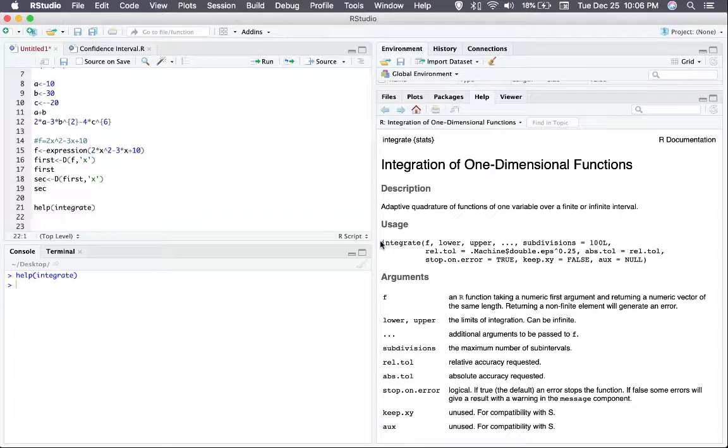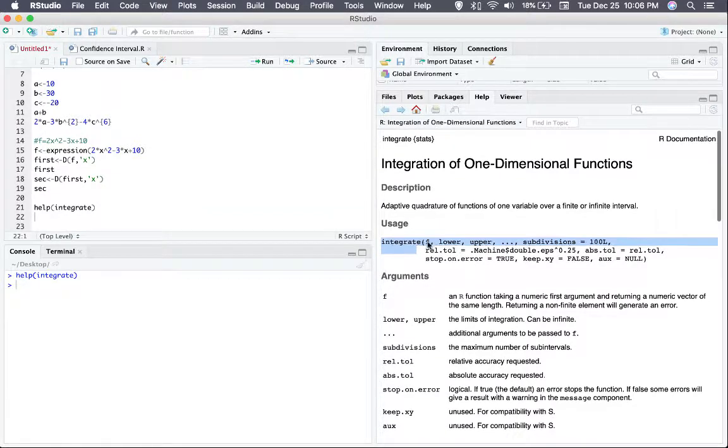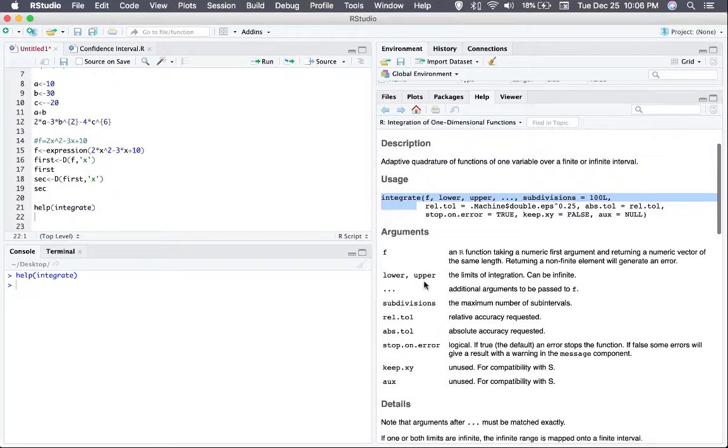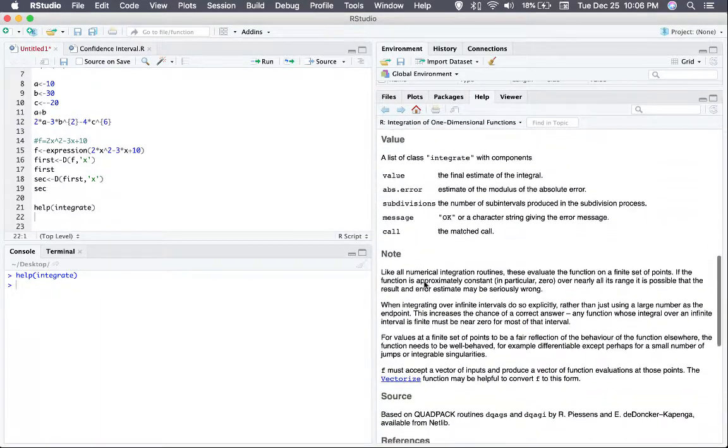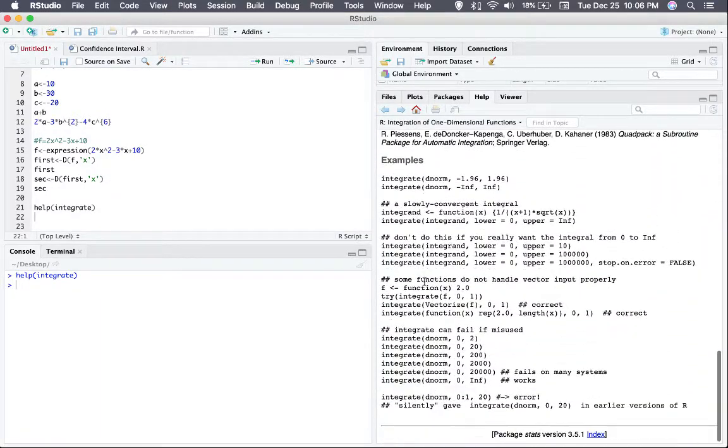You have integrate here, and these terms are defined under arguments. If you go down, you see we have several examples. You can read this and understand, but let me explain one example.